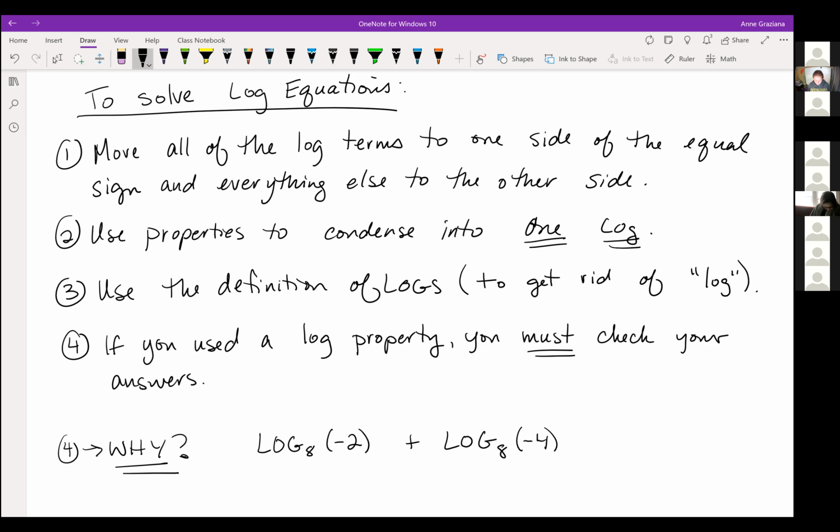So first of all, can I put a negative number into log? No. What is the domain restriction on log functions?